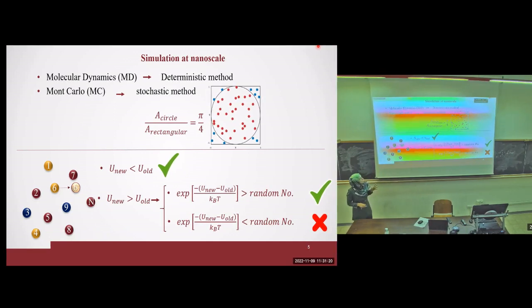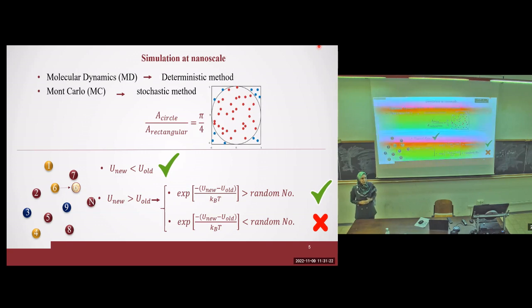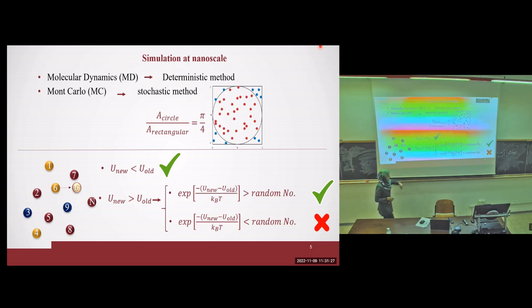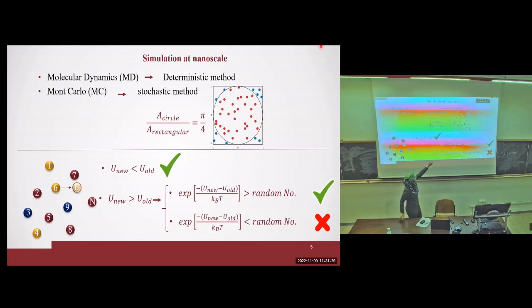But we have heard that Monte Carlo was initially developed to find numerical integrations. For example, one of its famous applications is to find the number pi.